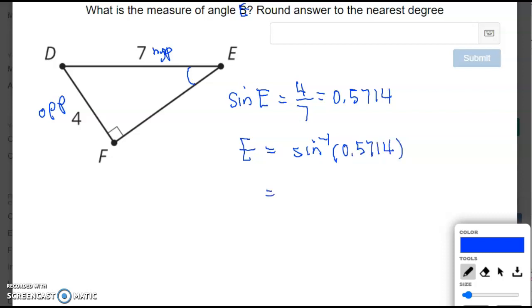Okay, and you're looking at the trig table. You should get the closest angle to be E is going to be 35 degrees.